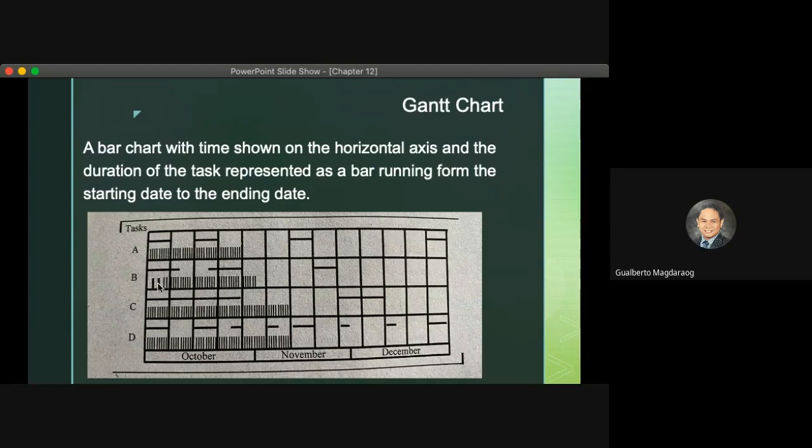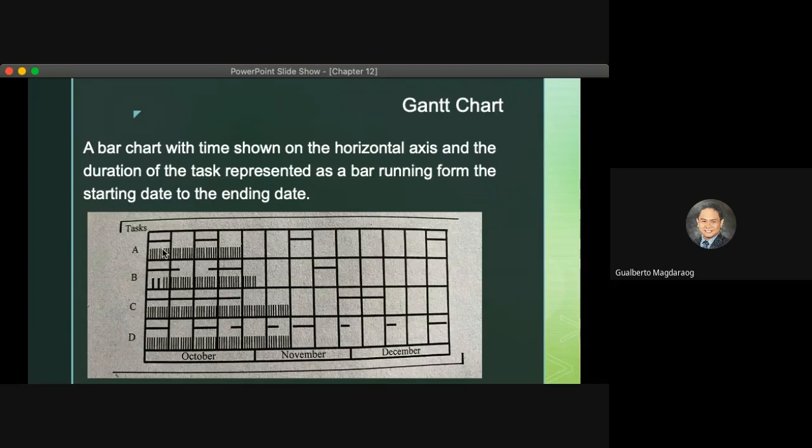This means that task B was delayed and unfinished and was carried forward to the next month or next period. It was supposed to be done within the first to the second week of October, and then the third to fourth week of October, and then maybe the third week of November. However, there's a delay, so therefore there are broken solid vertical lines here.